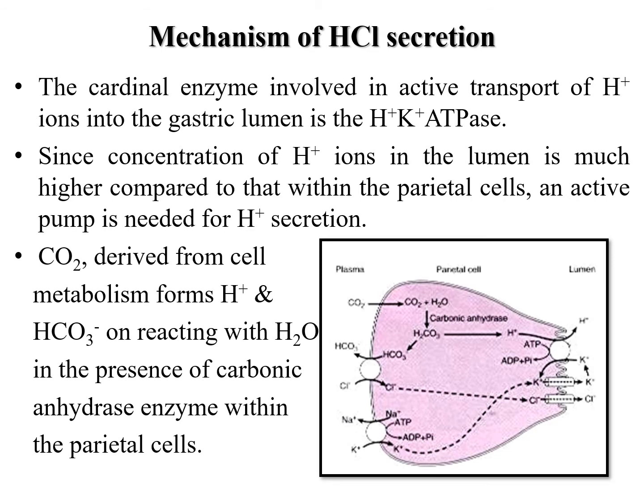This carbonic acid is a very unstable compound. Immediately after its formation, it breaks down into H+ ions and bicarbonate ions, or HCO3- ions. So the carbon dioxide which has entered the parietal cell has got converted into bicarbonate and H+ in combination with cellular water.